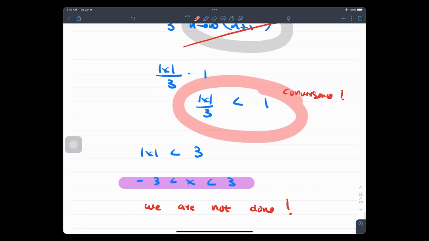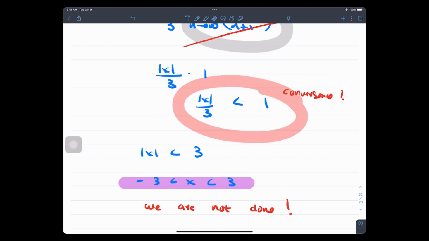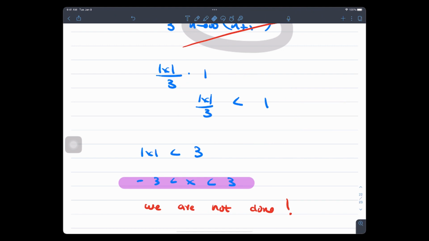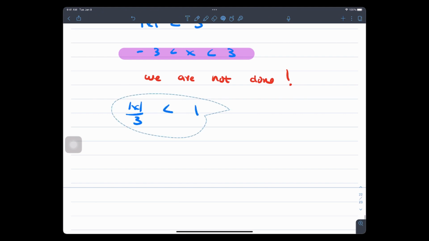So go back to this situation here. Okay? This is what you need to have convergence. What happens if that limit is bigger than 1?